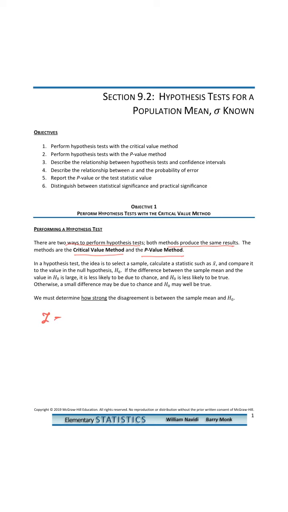So z-score of the sample mean means z equals x bar minus mu, assuming sigma is known, over sigma over square root of n. Remember, when the sample size is larger than 30, the sample mean x bar is approximately normally distributed with the mean mu, and standard deviation sigma over square root of n.